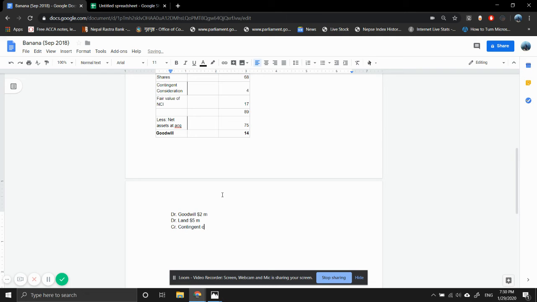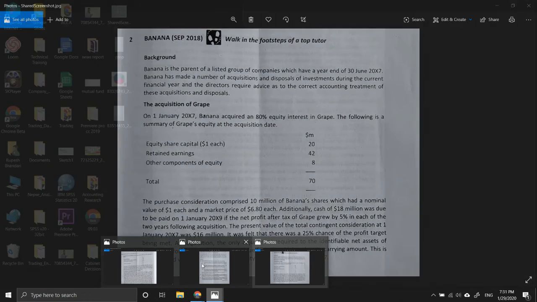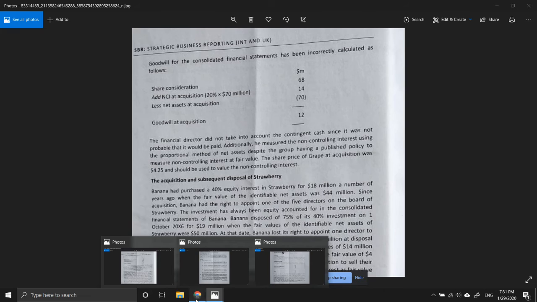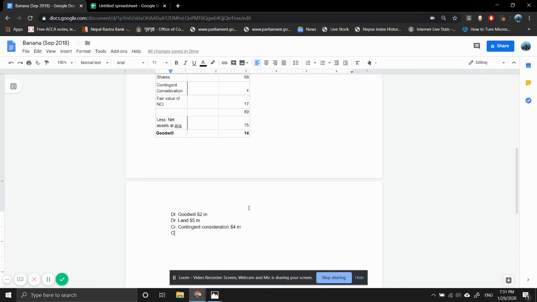Contingent consideration $4 million. And what else? 14 NCI. What's our calculation? 17, that means 3 million over there. $3 million, right? That's it, I guess.